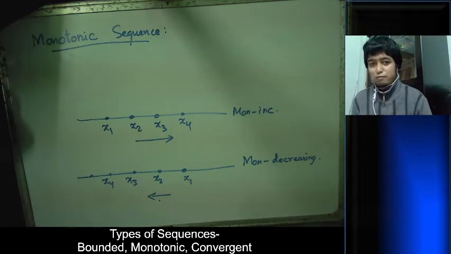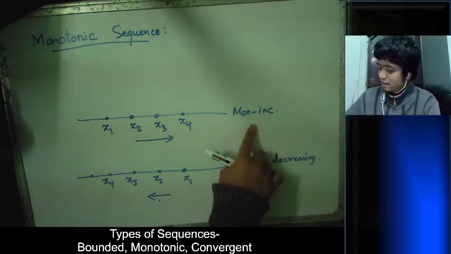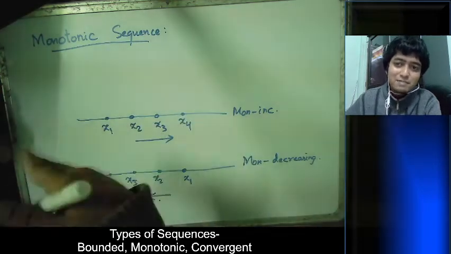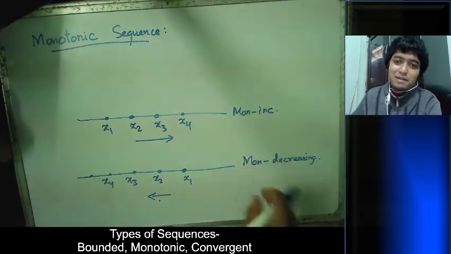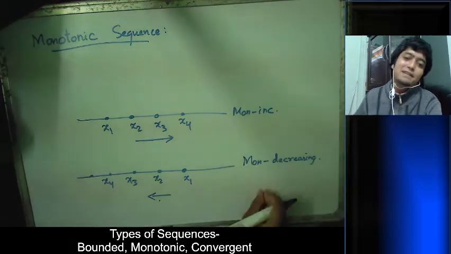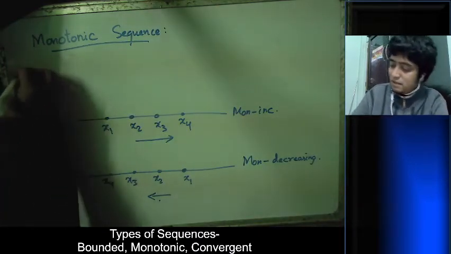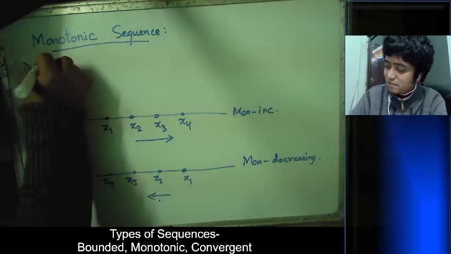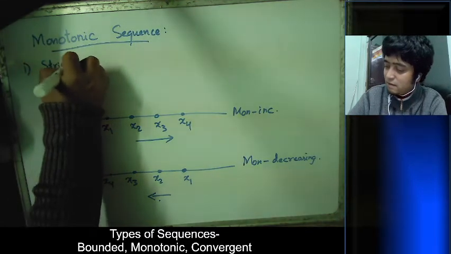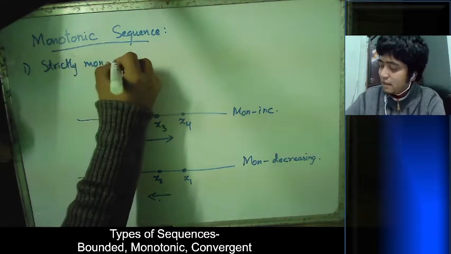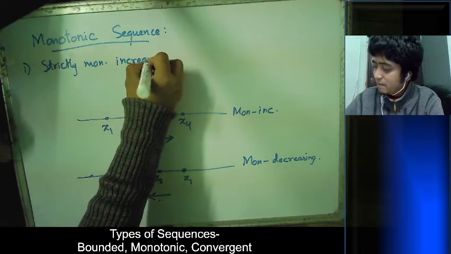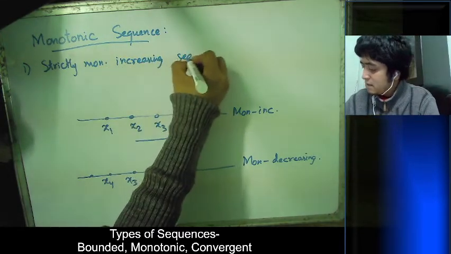Okay, we can even have strictly monotonic increasing and strictly monotonic decreasing, but the basic idea is this. I will define it properly. So the first one is strictly monotonic increasing sequence.